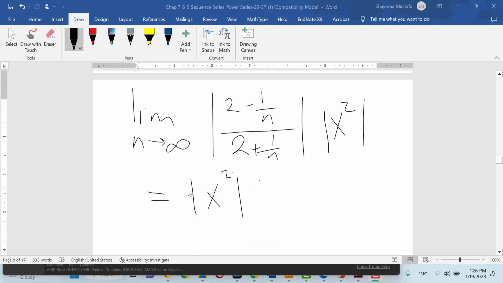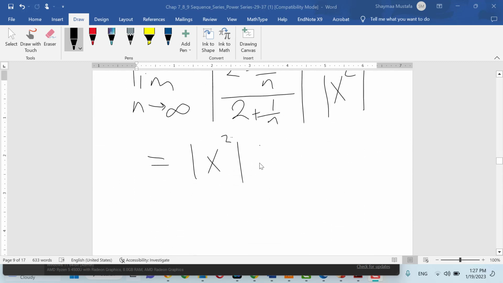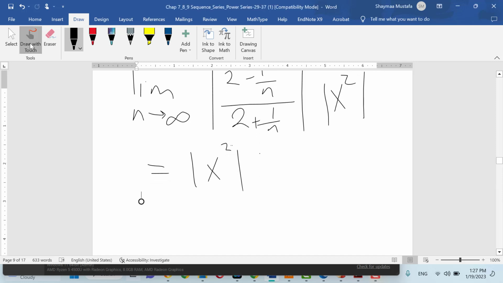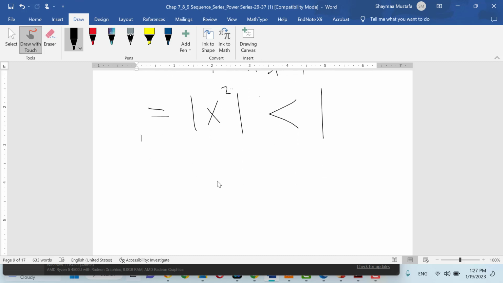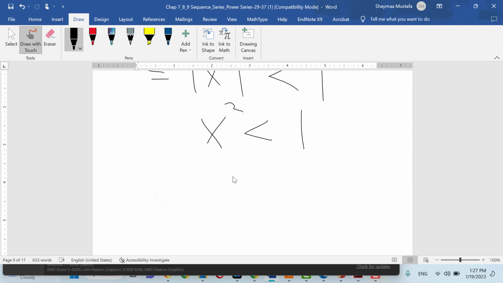For the ratio test, for the series to be convergent, the limit should be less than 1, because we need to find the interval of convergence. So we need this limit less than 1. And this means that x squared, because this is positive, less than 1, so x itself should be from minus 1 to 1.